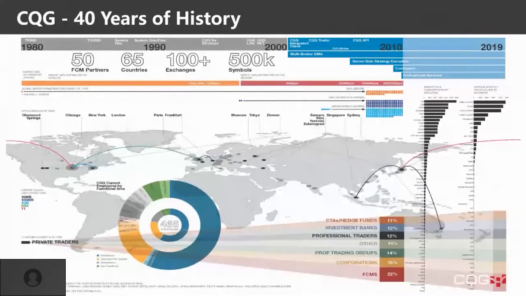We are connected to several exchanges worldwide and redistribute market data for more than 100 exchanges and have connectivity to more than 50 FCM partners at the moment. Our clientele is split between hedge funds, investment banks, trading professionals, and prop trading groups.